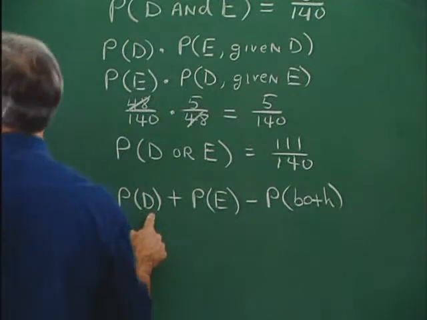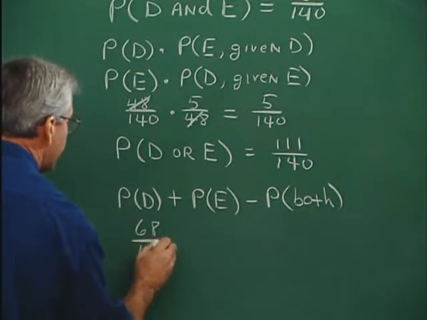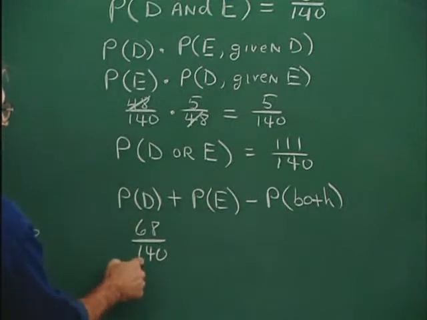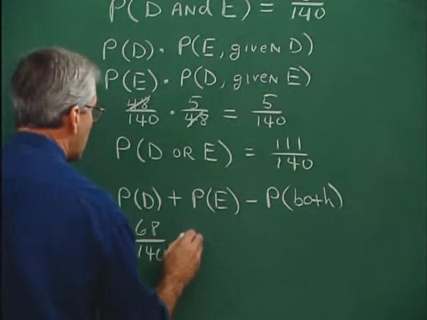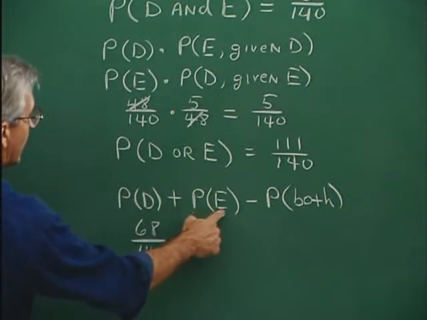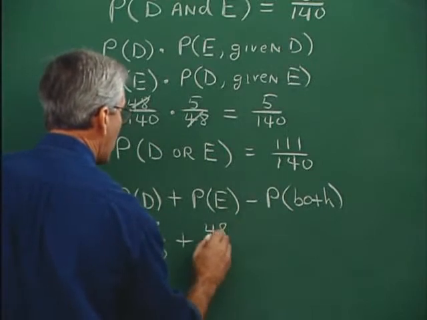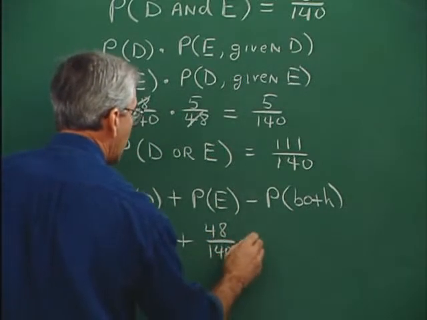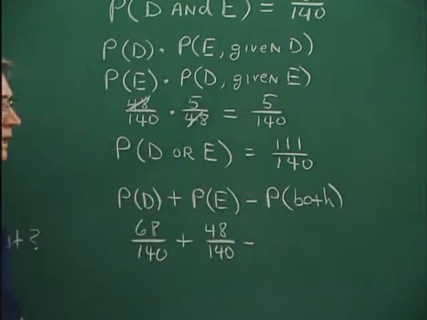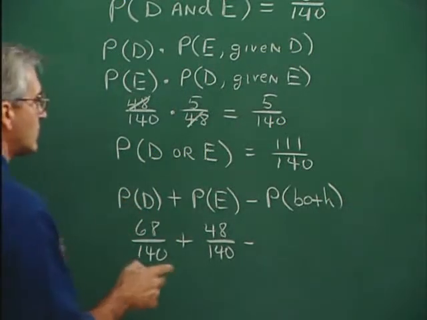The probability of D we figured before as 68 over 140. There were 68 Democrats out of the 140 folks in the building. The probability of executive, there are 48 executives, so that probability is 48 out of 140. And then we subtract out the probability of Democratic executives. How many Democratic executives were there?